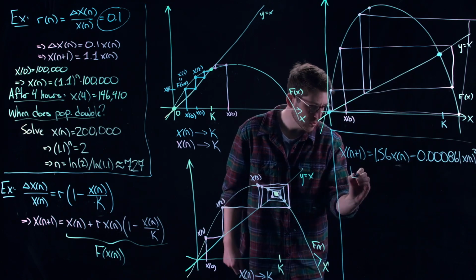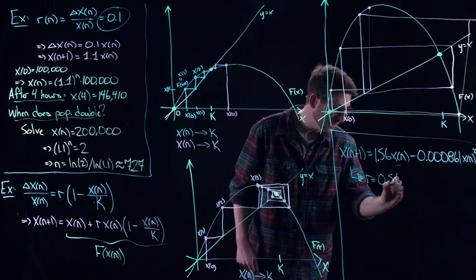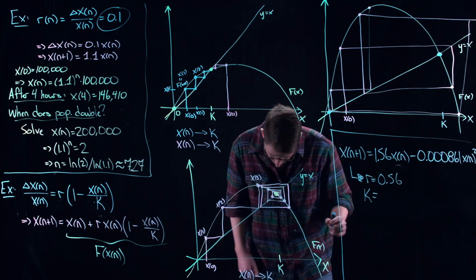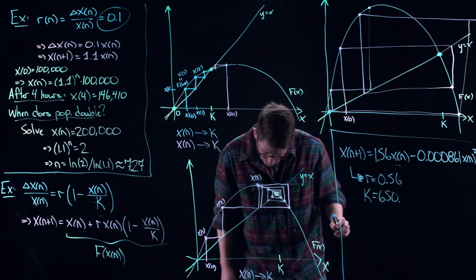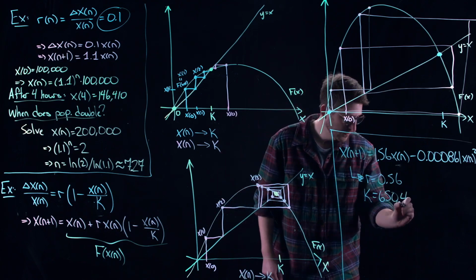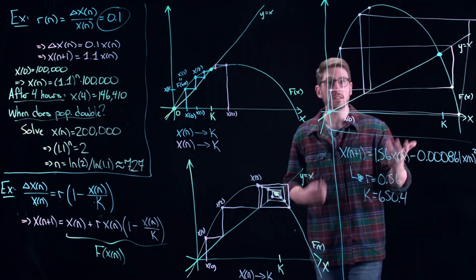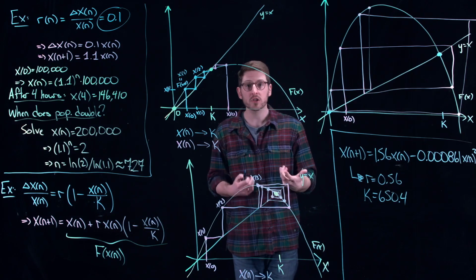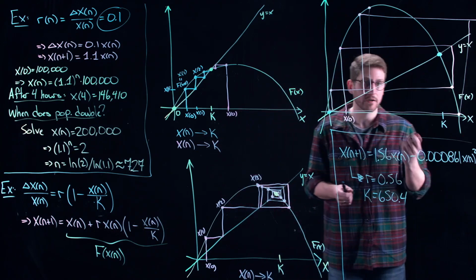Now, what does this actually mean? This means r is equal to 0.56, and this means that k is equal to 650.4-ish. Okay? So that gives you explicit values. If you want to, throw those into a cobweb diagram, you can check out what actually happens to your mapping as you iterate through.